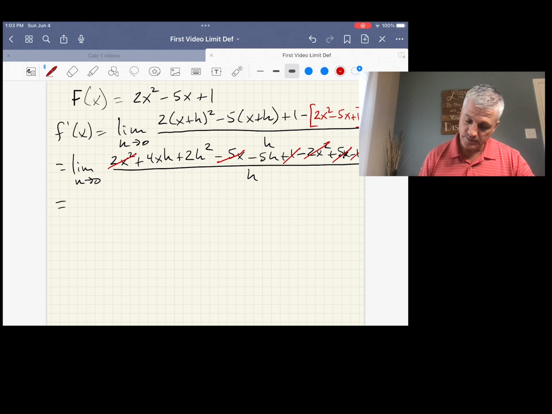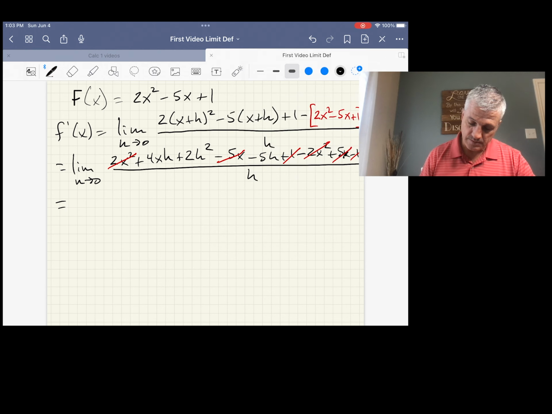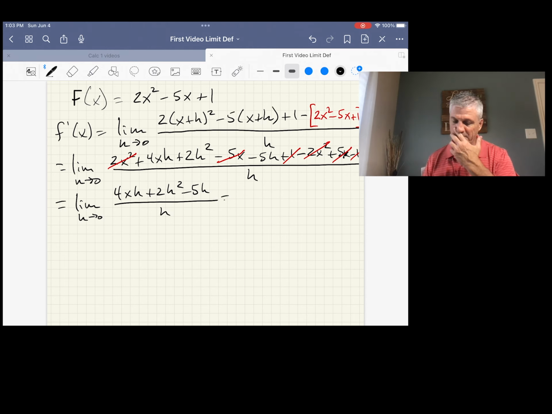And notice what I'm left with, everything has an h. So that's really actually pretty important here in this example. So I get the limit as h goes to 0 of 4xh plus 2h squared minus 5h all over h. Now, before I go any further, I want to say something to everybody, because I find that students want to just do the algebra work and not carry on the limit.